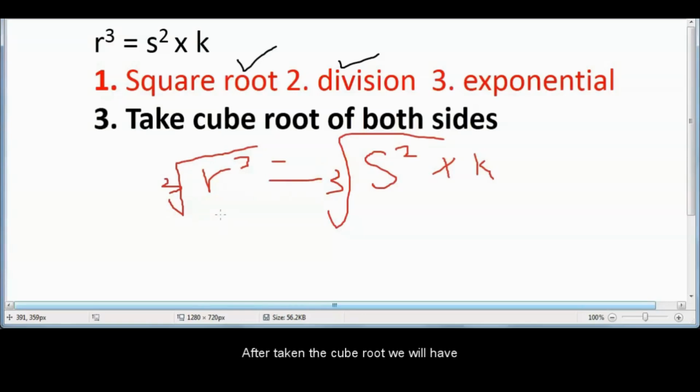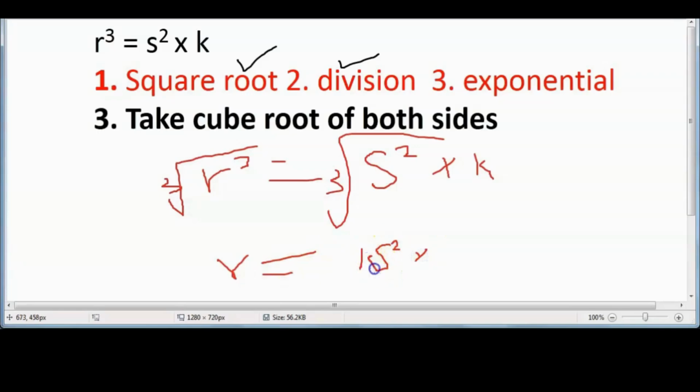After taking the cube root, we will be left with r equals the cube root of k s square.